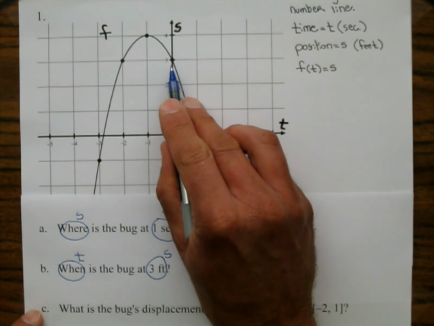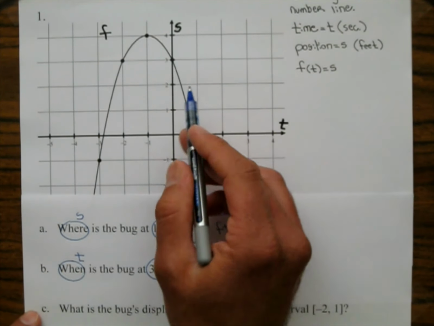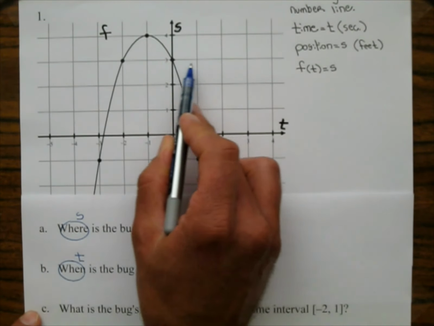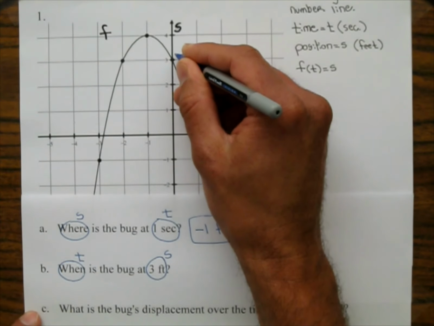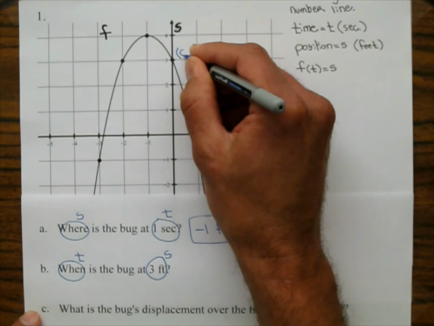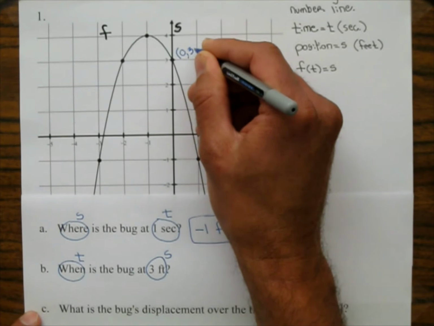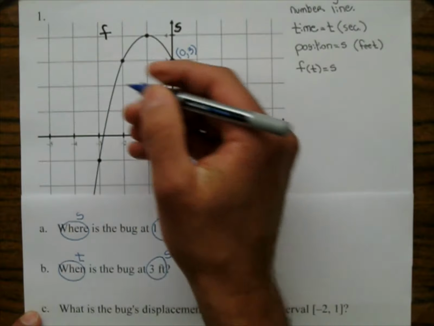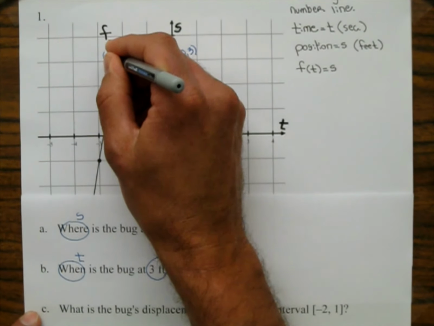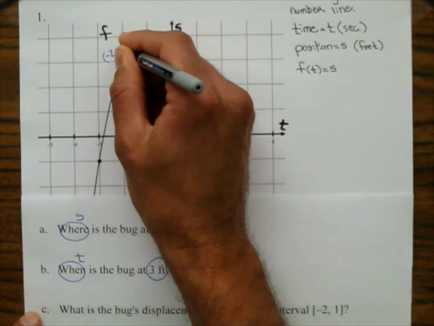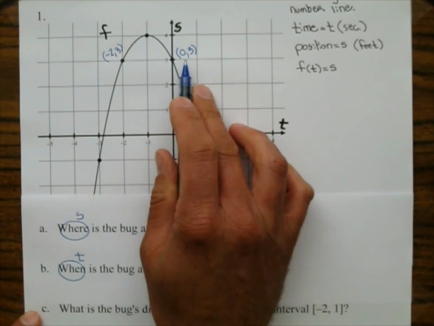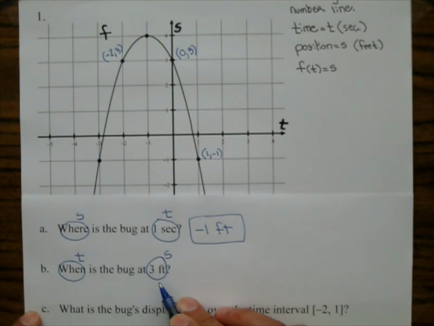So they're giving us the output and they want to know the inputs. At s is 3, we look along this horizontal line, and there are actually 2 points. This point right here is (0, 3). And this point over here is (-2, 3).